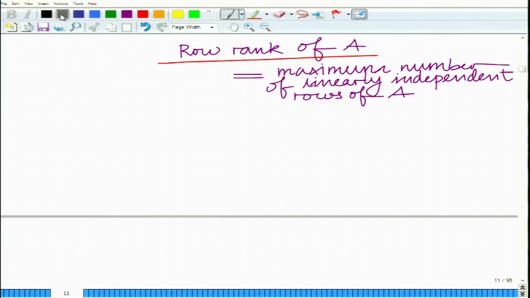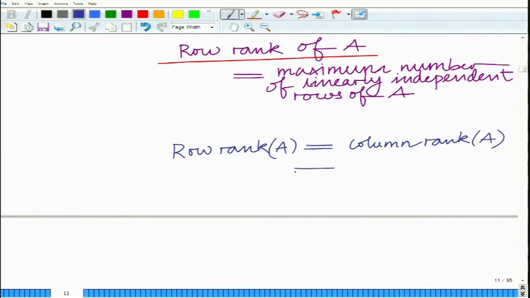So, we have this fundamental result, and this should be available in any standard textbook of linear algebra.